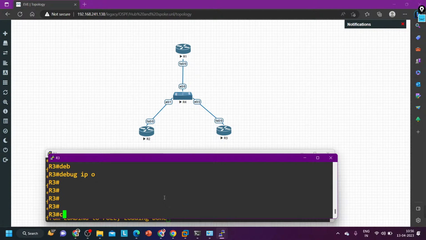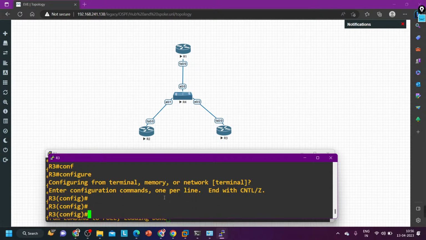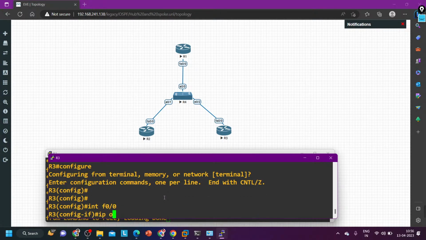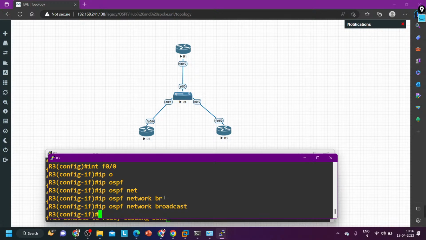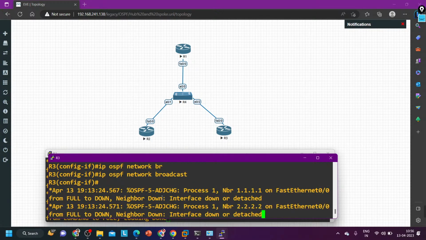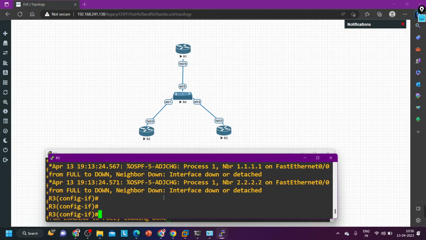Okay. Now again I am going to change the network type, and this time interface F0/0, IP OSPF network type. The same thing will happen with point-to-multipoint non-broadcast as well, yes or no? So here I am going to say broadcast. Network type is what? Broadcast. So this router will become what?